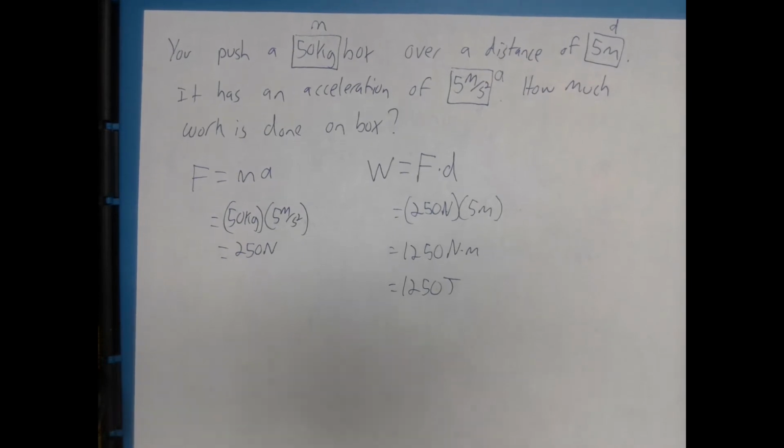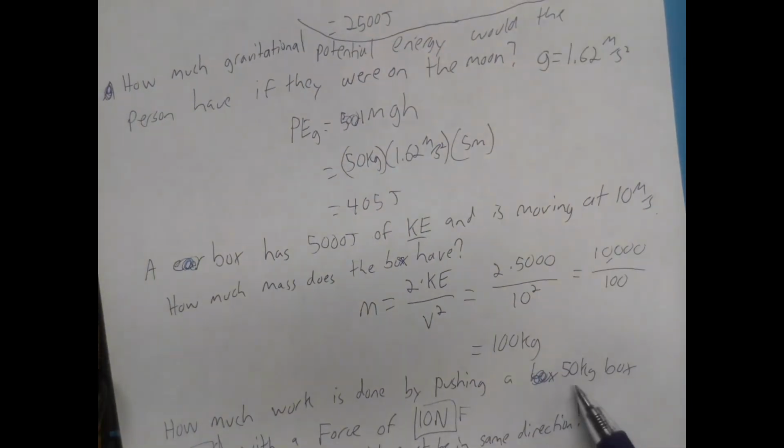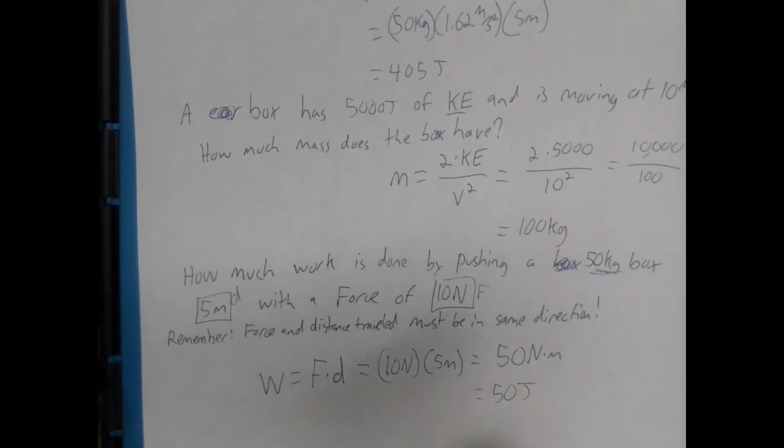So pay attention. I gave these two examples for two different reasons. In the previous example, the mass of the box isn't used because we're given force and distance. So we never used the 50 kilograms.